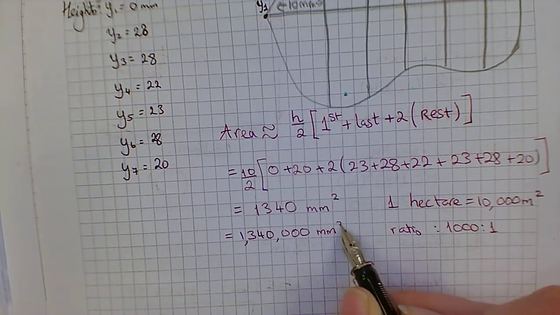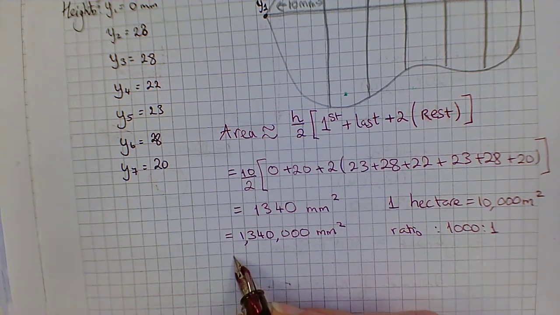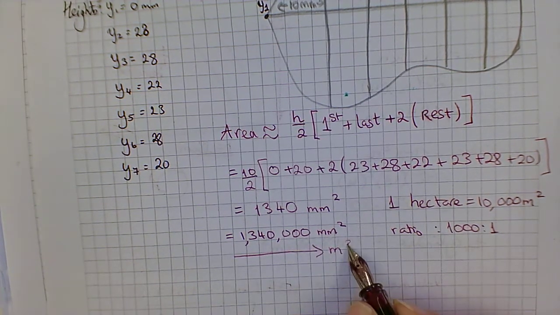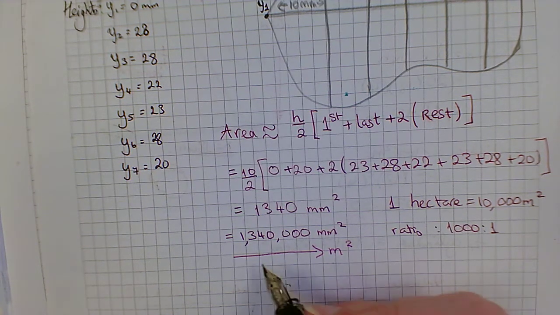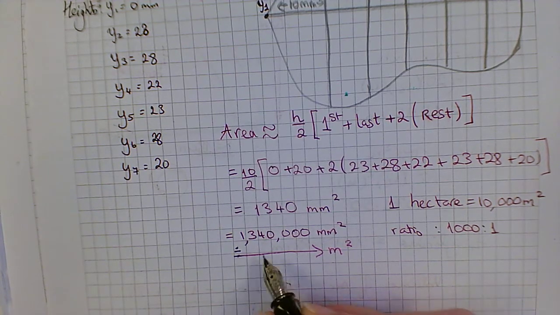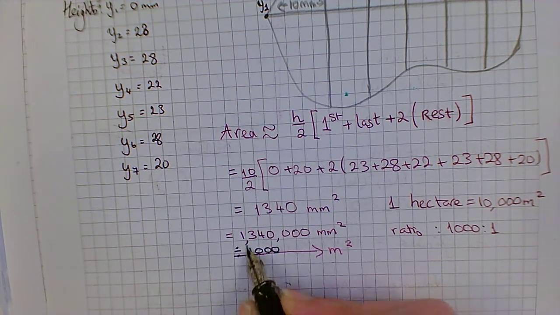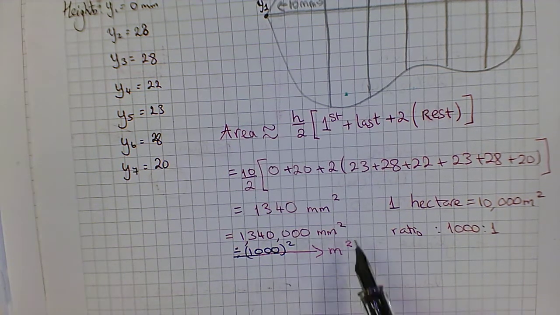millimeters squared. Now we need to convert our millimeters squared to meters squared. And we know, converting to meters squared, we know that 1 meter is 1,000 millimeters, so one square meter is 1,000 millimeters squared. So we don't just divide by 1,000, we have to divide by 1,000 squared to convert millimeters squared to meters squared.